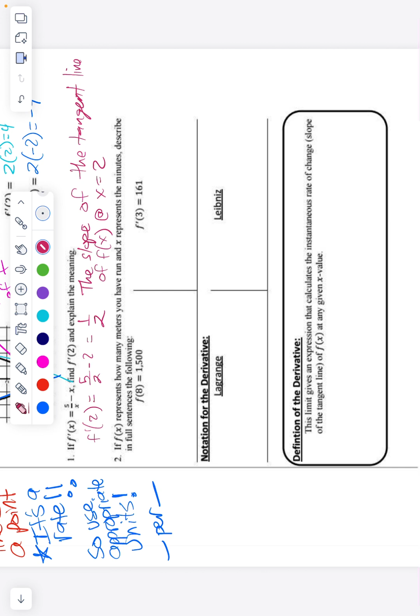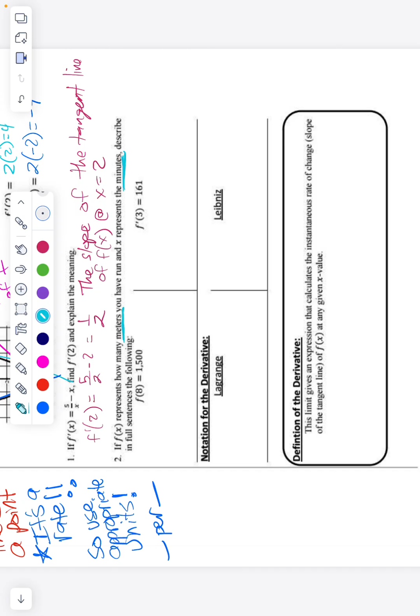Okay? This is a little unit check. If f of x represents how many meters you have run, and x represents the minutes, I personally would underline meters and minutes. Describe in full sentences the following. Who wants to take on f of 8 equals 1500? Yeah, Judd, go ahead. In 8 minutes, I ran 1,500 meters.